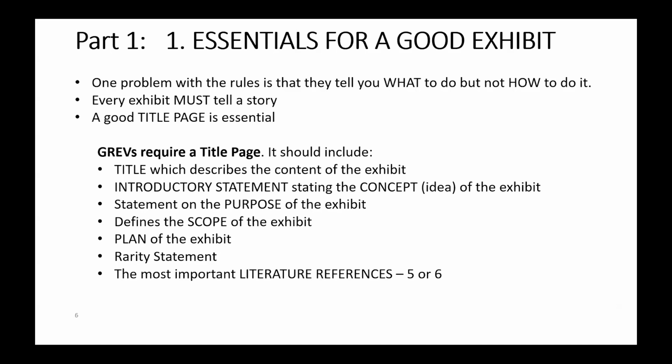So I'm letting the judge know up front that quite a bit of my material will be rare. And the last thing you need to put on, as we discussed with traditional, is literature references. It'd be nice to have 5 or 6 serious references that you've used yourself. If there's just the one, put the one in. Don't make up all the others, because you don't want to upset the judges by having them read stuff that they didn't need to read.